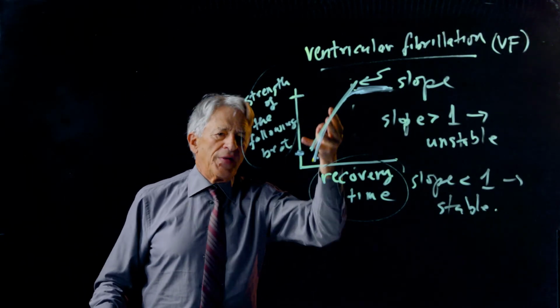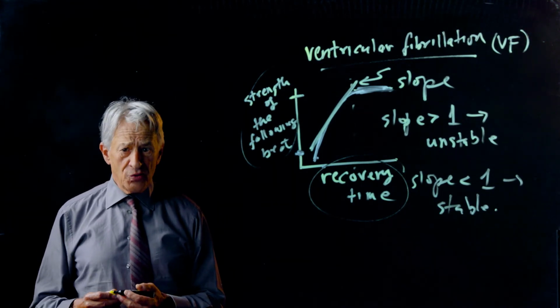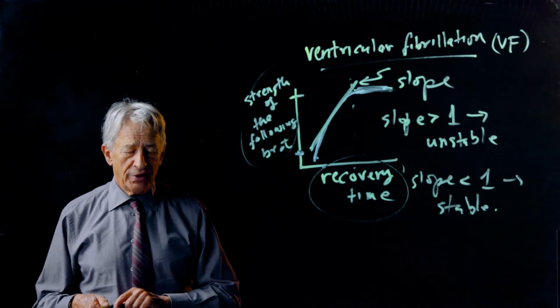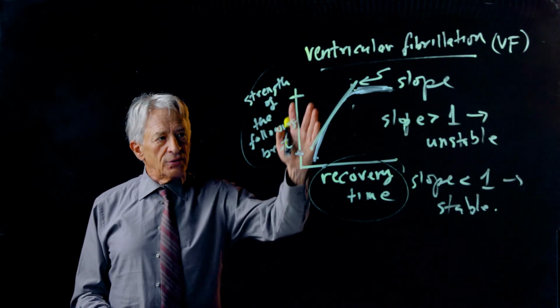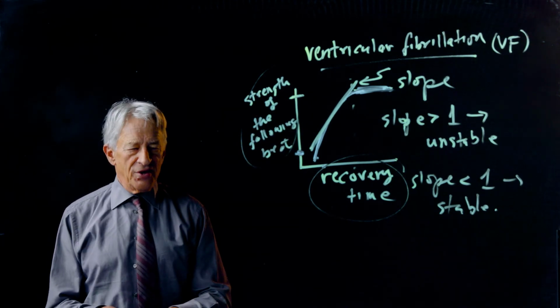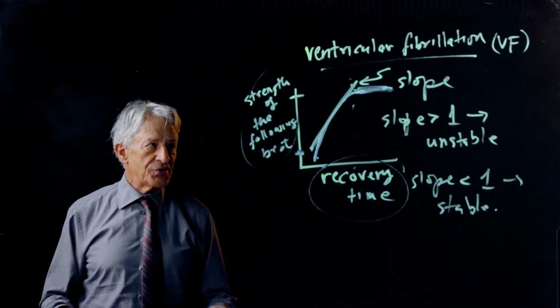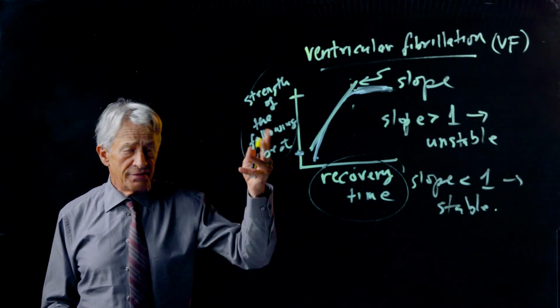And any drug that does that will have that effect. And it's just a question, which is what we're pursuing now, of how to find a safe drug that lowers the slope of that curve and doesn't have any other side effects. That's going to be an effective drug against fibrillation.